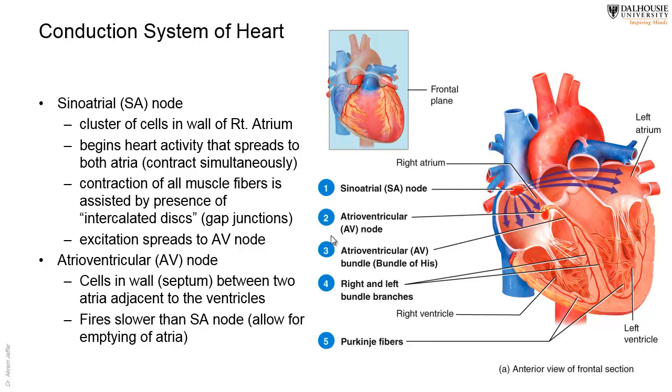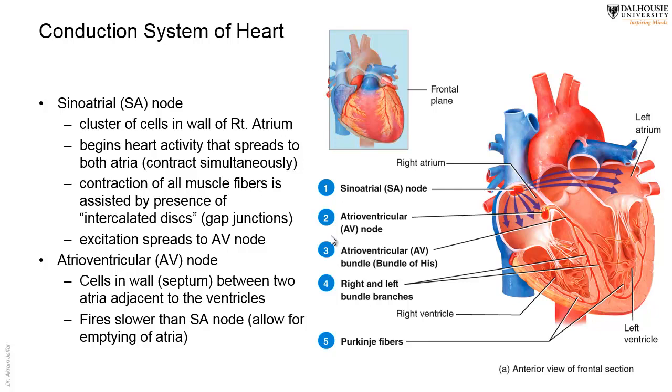cardiac muscles. And then these impulses, these electrical signals, will reach another node here, which is located in the septum between the two atria, called the interatrial septum, very close to the ventricles. And so this is called the AV node, the atrioventricular node.